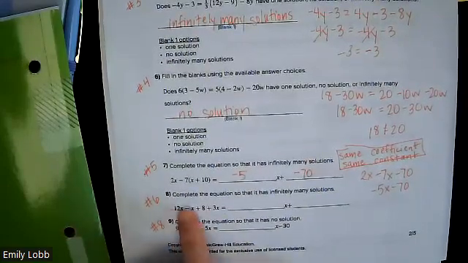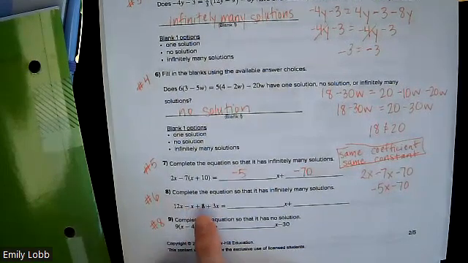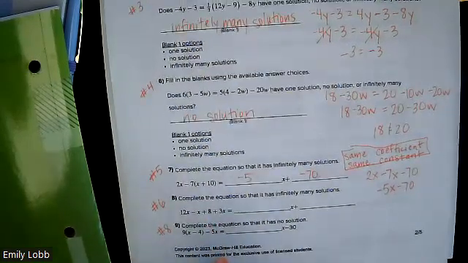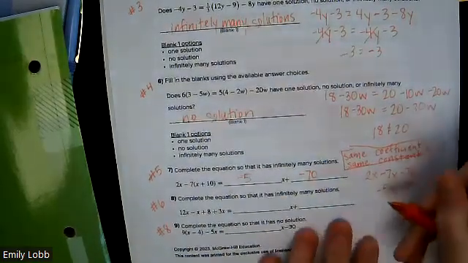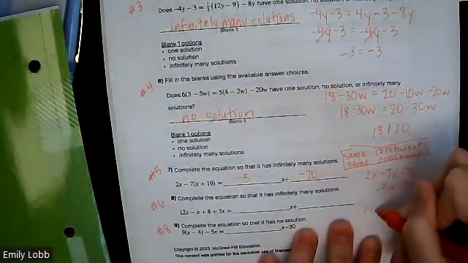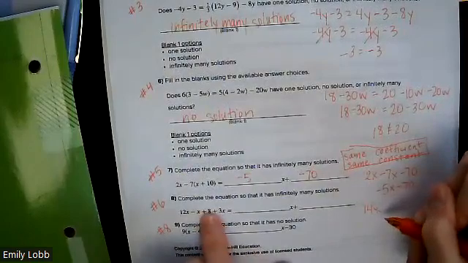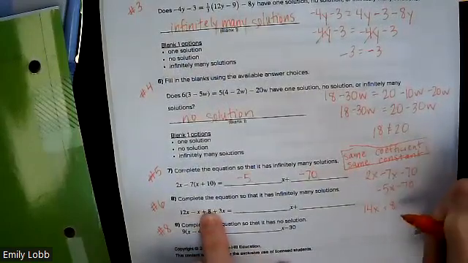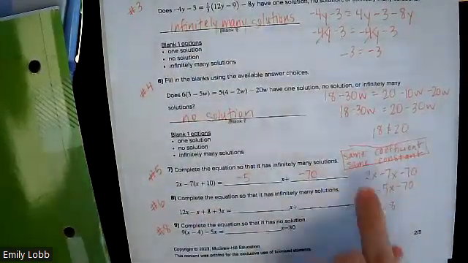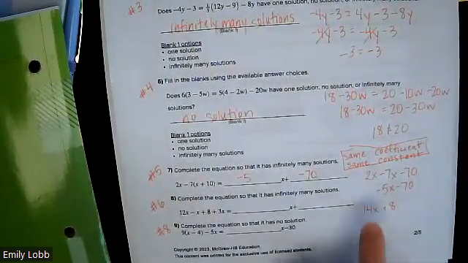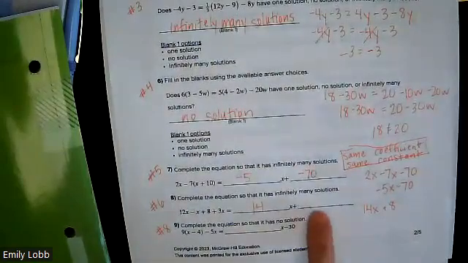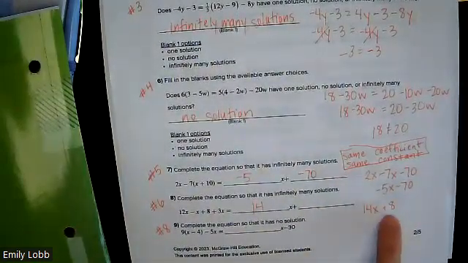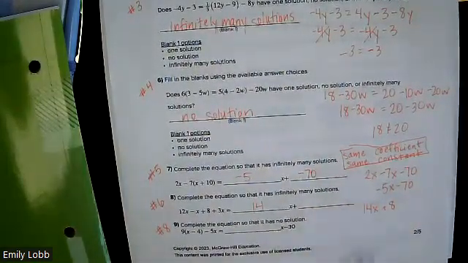So we have 12 minus 1 is what? 11. 11 plus 3 makes 14x. So this is 14x plus 8. So what's our coefficient going to be to have infinitely many solutions? The same, right? And the same goes here, same constant. So what constant do we want? 8.